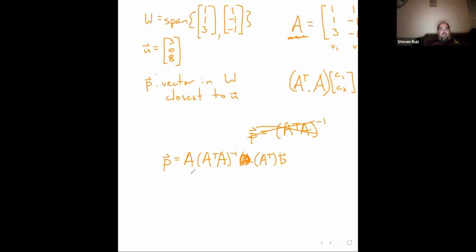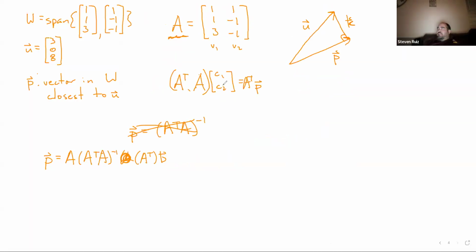All right, so what are all these pieces? A is the matrix that's made up of these basis vectors stitched together. So we've written down A, but what's B? B is the thing that I've been calling U. That's the vector that I want to try to minimize my distance to.